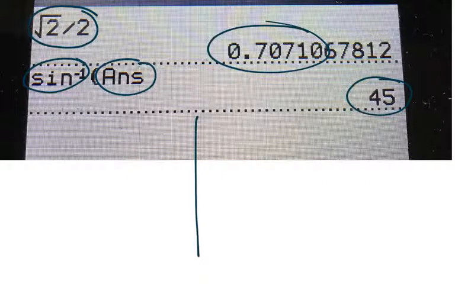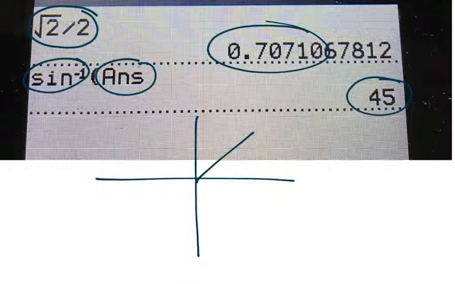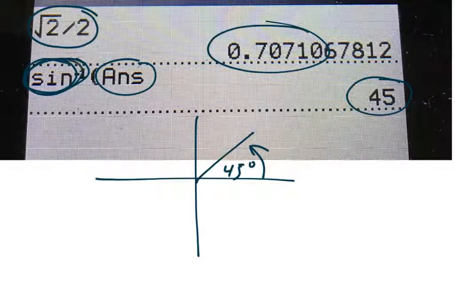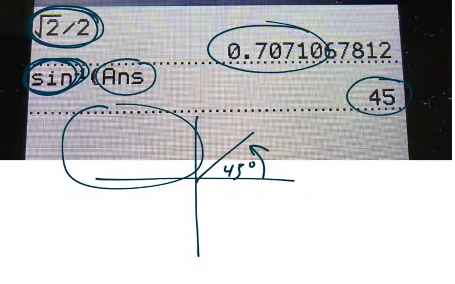So let's look at our quadrant system. We already got our 45 right here. That's one answer. Where else is sine a positive square root 2 over 2? Remember, sine goes with y, right? Well, that's quadrant 2 over here. Y is still positive because I went up, right?